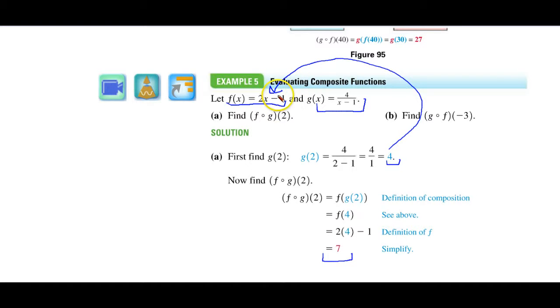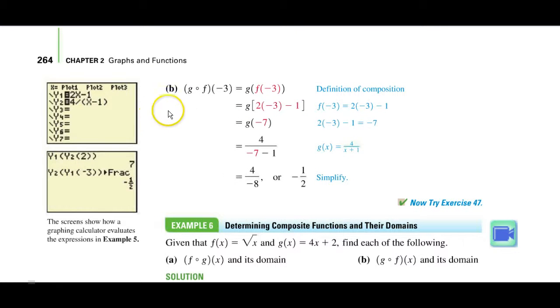So again, looking at what they're asking, they're saying take this 2, put it into your g function, get a result. Then you're going to take this value and put it into your f function, and then that is the answer. Not too bad. Now, we lost the original example, but the difference here is that they want you to now have g composed with f.